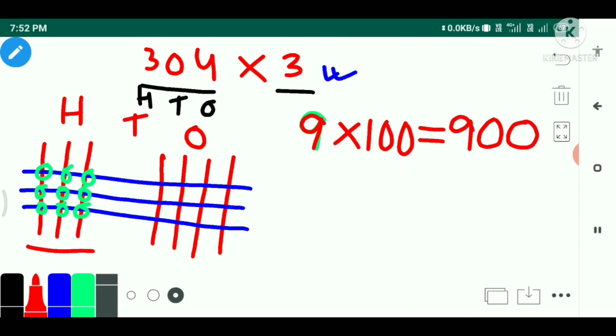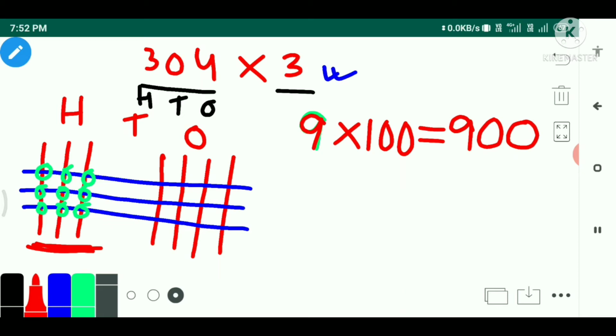Is it clear? Now I am writing the place values in figures. As the lines intersect at 9 points in the 100 place, we write 900. Now see in the tens place, no line is drawn, right? So we'll not write anything in the tens place.